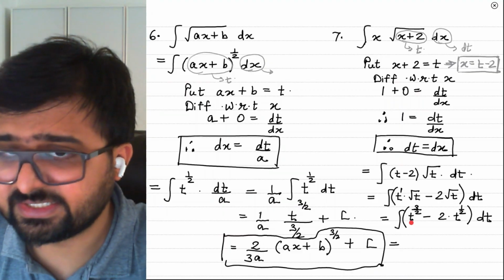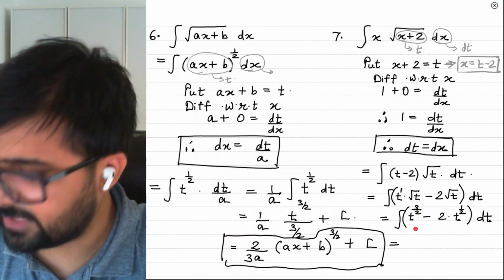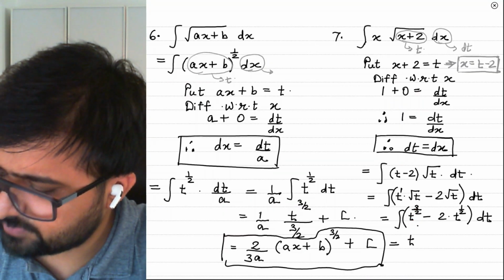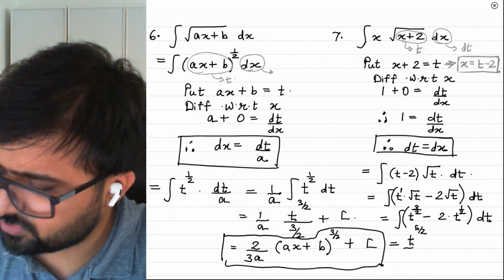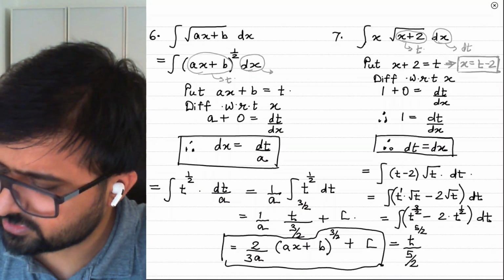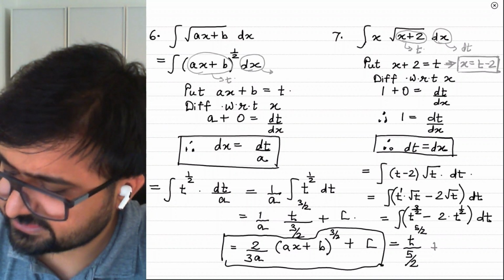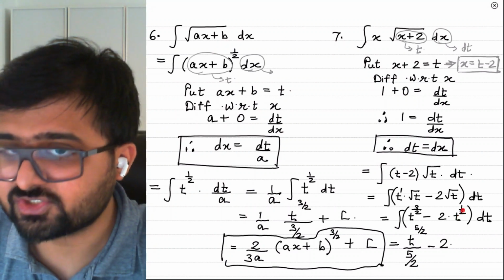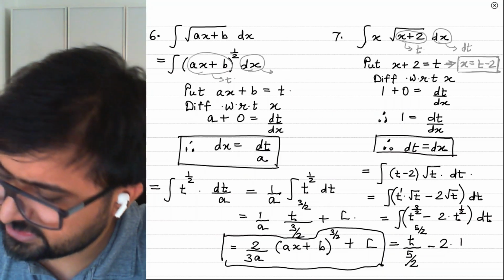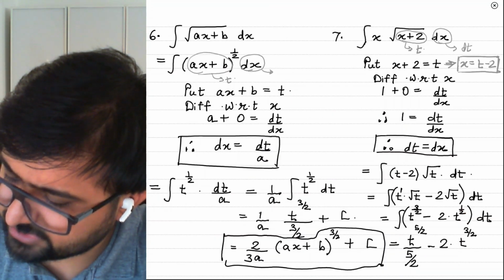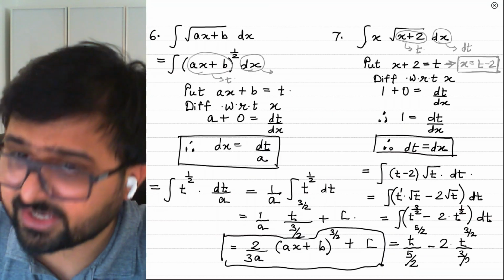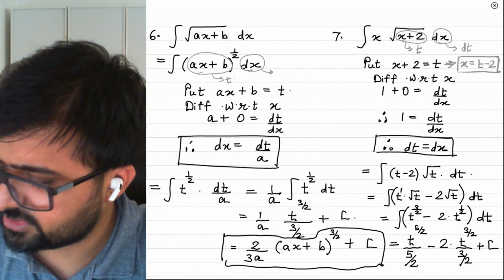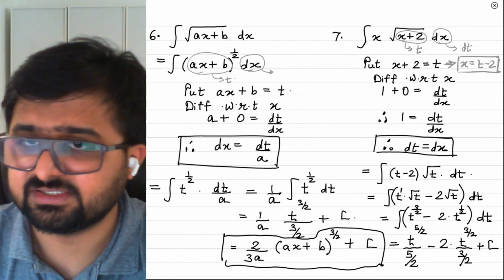Now, in order to integrate this, the integration of t to the power 3 by 2 is t to the power 5 by 2 over 5 by 2, minus 2 times the integration of t to the power half, which is t to the power 3 by 2 over 3 by 2, plus constant of integration, which is c.